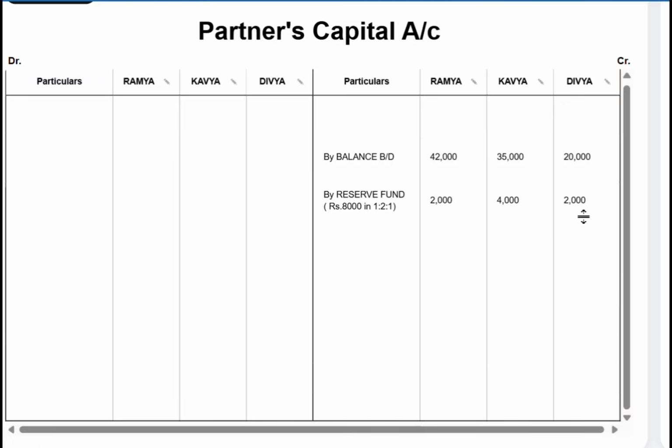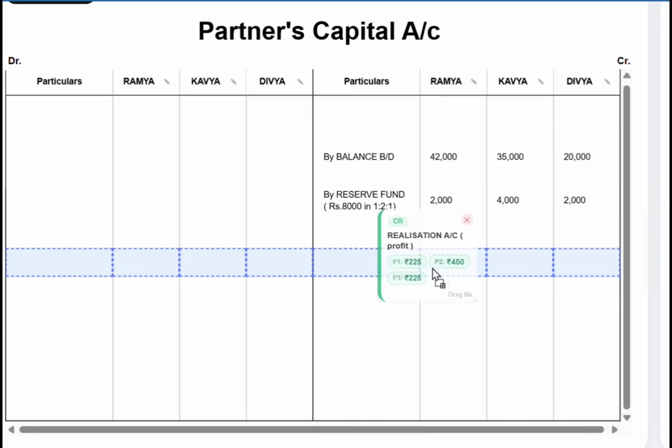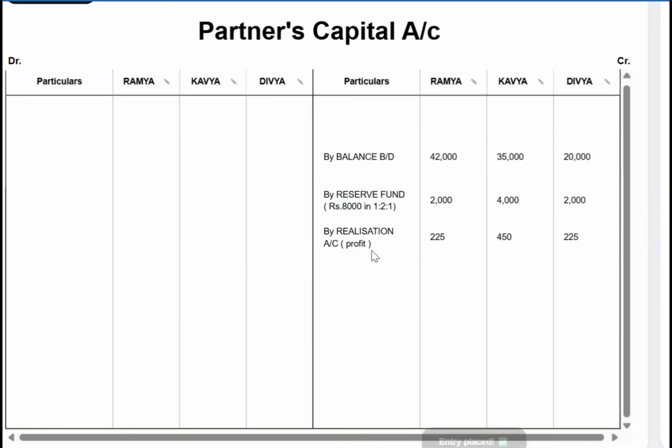We have to bring down the realization profit, which we have derived in the realization account. So by realization account profit, that is 225 for Ramya, 450 for Kavya, and rupees 225 for Divya on the credit side.